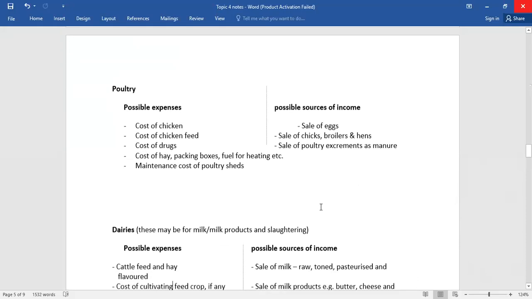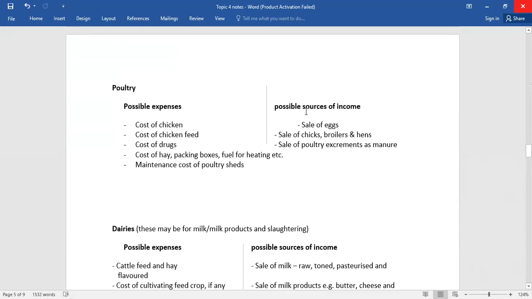The good thing about farming, you can easily tell now the items. For example, if you are doing poultry farming, your possible expenses will be the cost of chicken. So this is for inventory, cost of the chicken feed, cost of drugs, if you are immunizing or vaccinating them, cost of hay, packing boxes, fuel, heating, etc. Those are expenses.